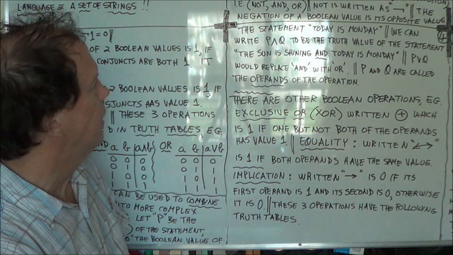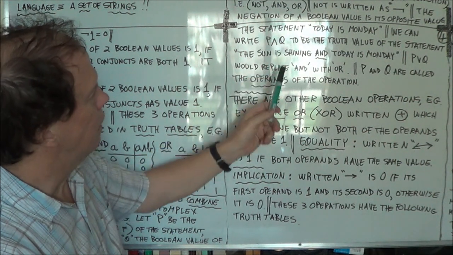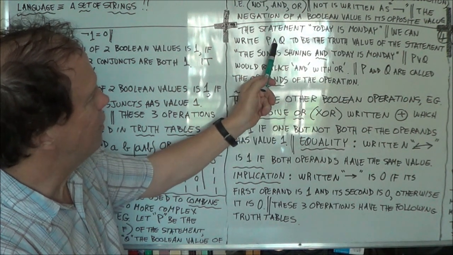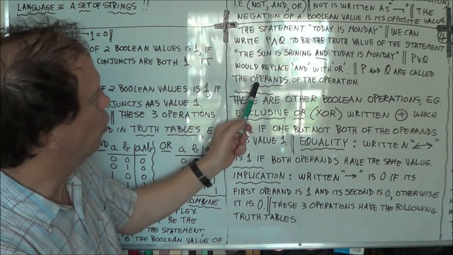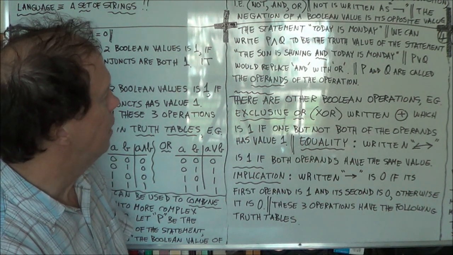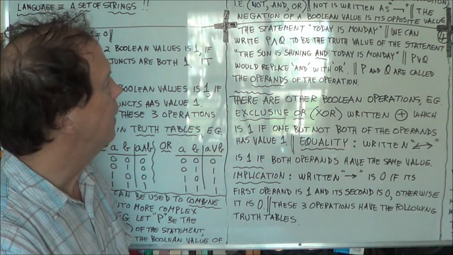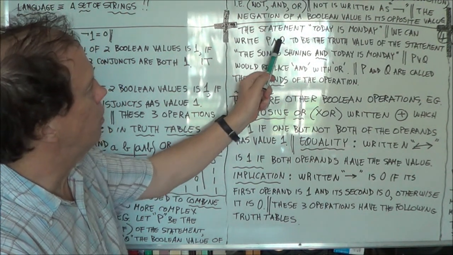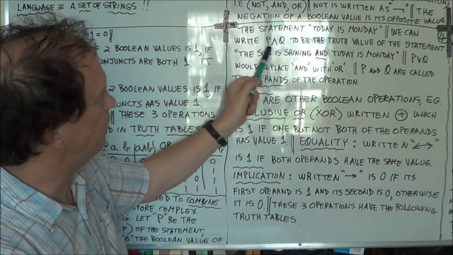Now, the P and the Q here in this and operation get called operands. Why is that? Because they're the things that you operate on. So these are the two operands in this anding operation.